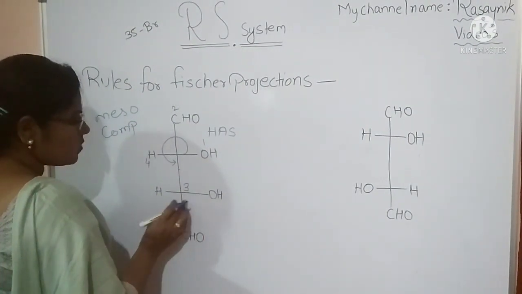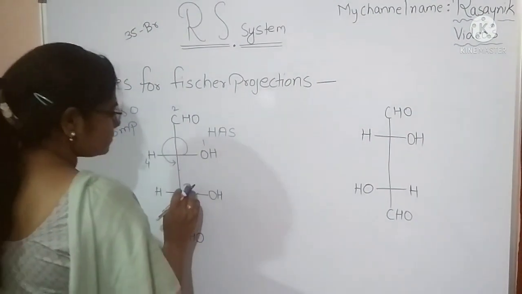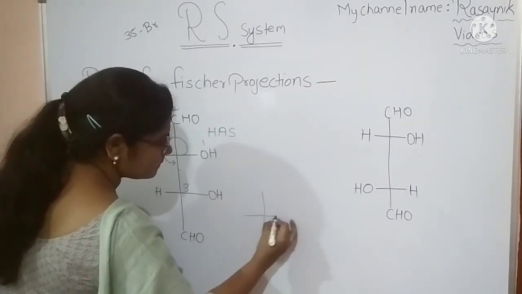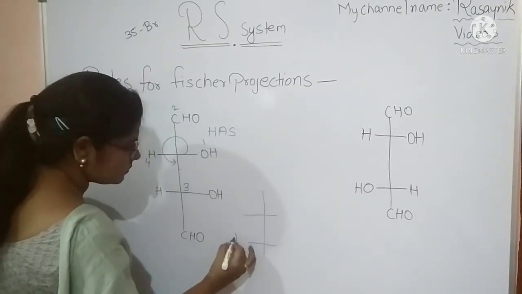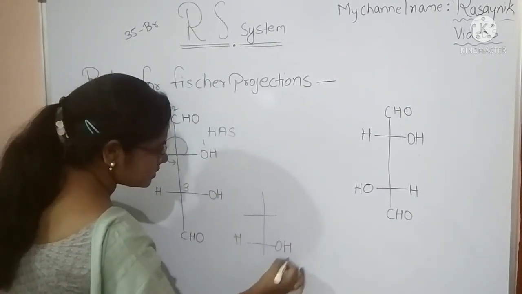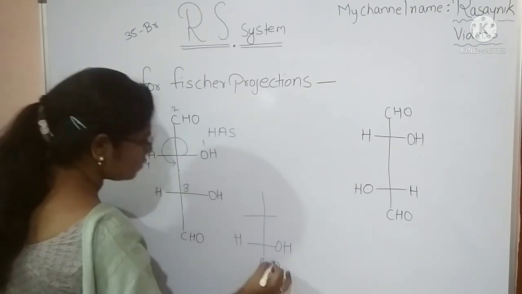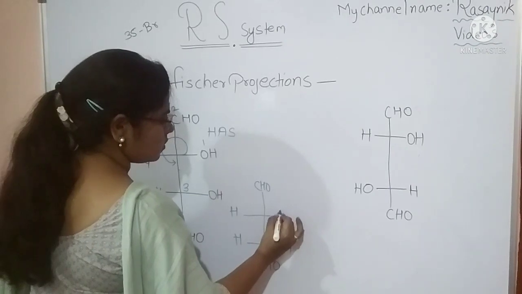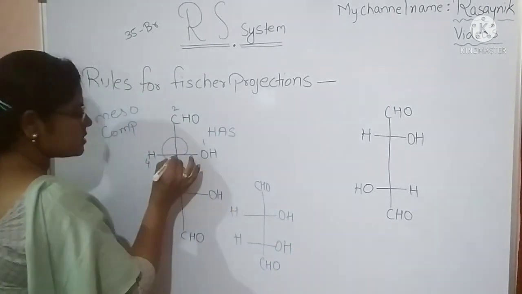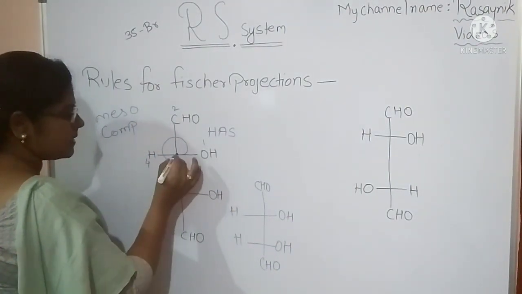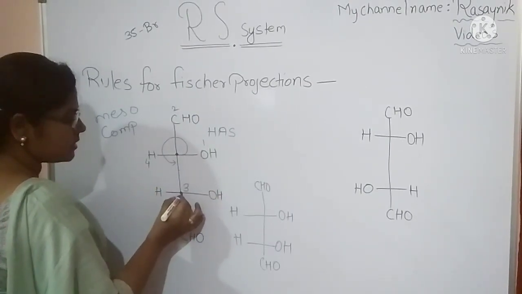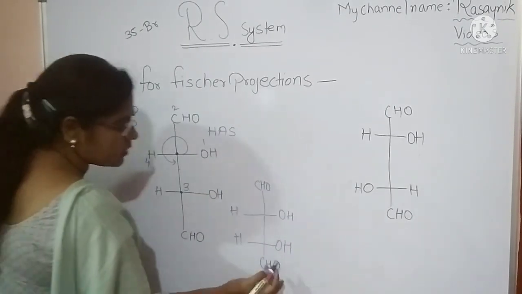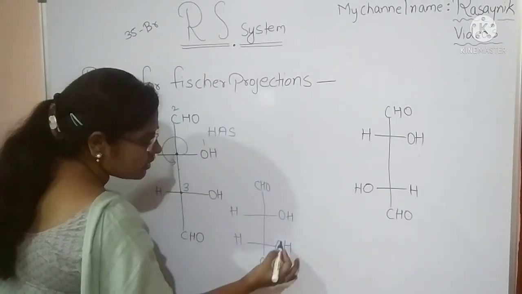Now here also we can take CHO, H, OH, H, CHO, OH. This is the carbon, and this part we are taking here. Which priority will it become?